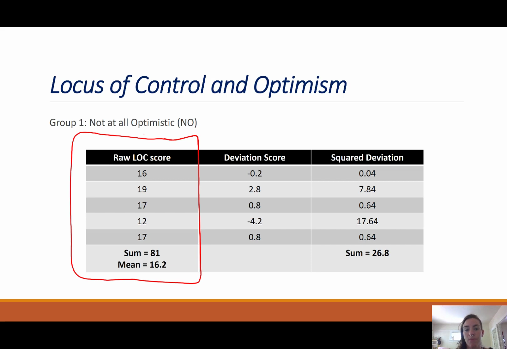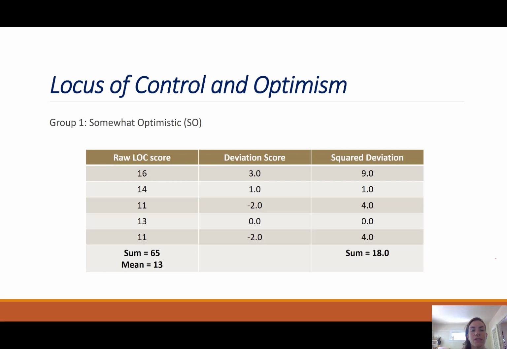to our study. Because we know we're going to need it for our formulas, the next thing we do is calculate deviation scores for each person, square deviation scores for each person, and then sum that column to get our sum of squares for group 1. So sum of squares for group 1 is 26.8.